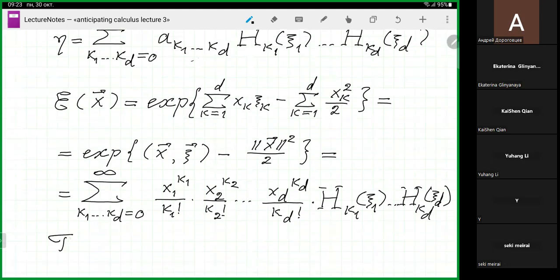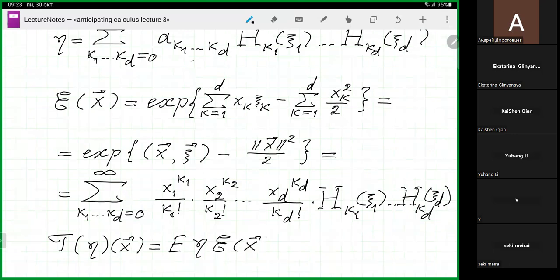This is the expression for the stochastic exponent, and now we are even able to define our transform tau eta of x, which is equal to the expectation of eta with E(x), as follows.